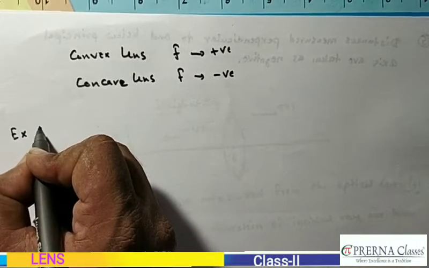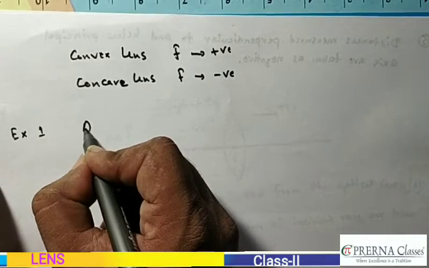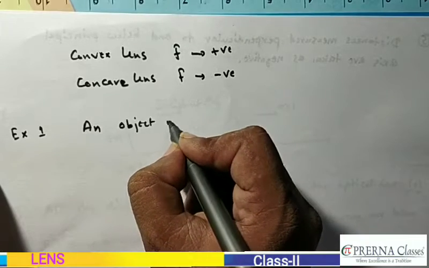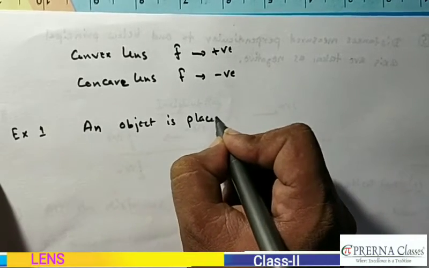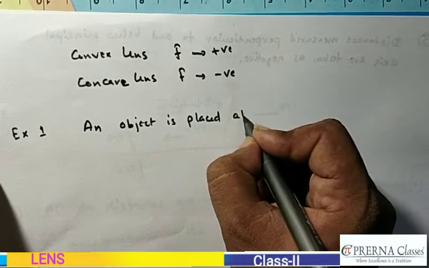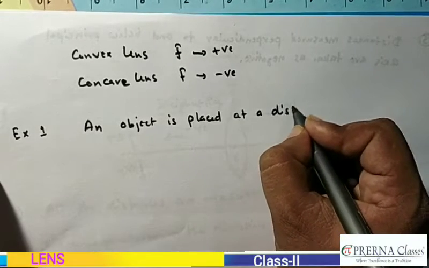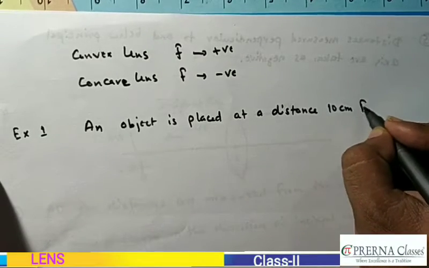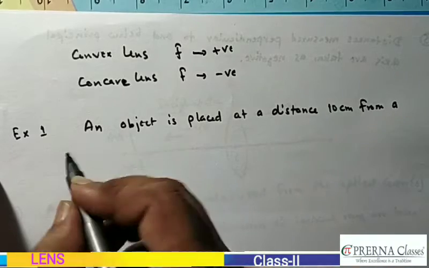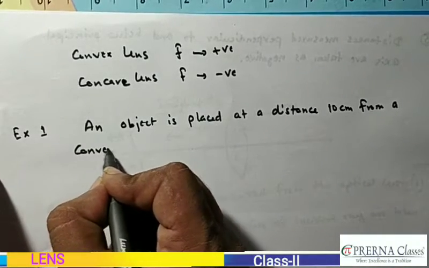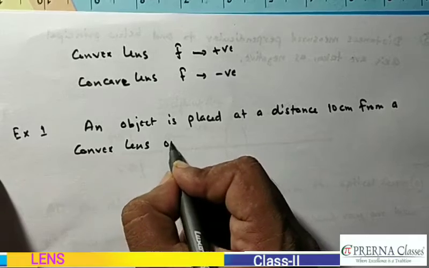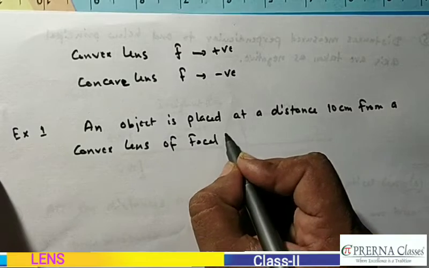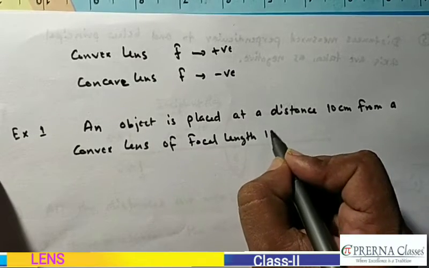Example 1. Suppose an object is placed at a distance 10 centimeter from a convex lens of focal length 15 centimeter.